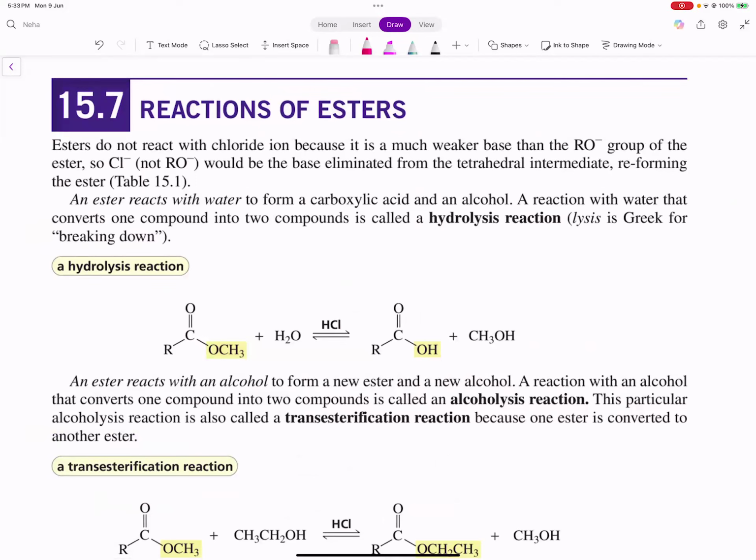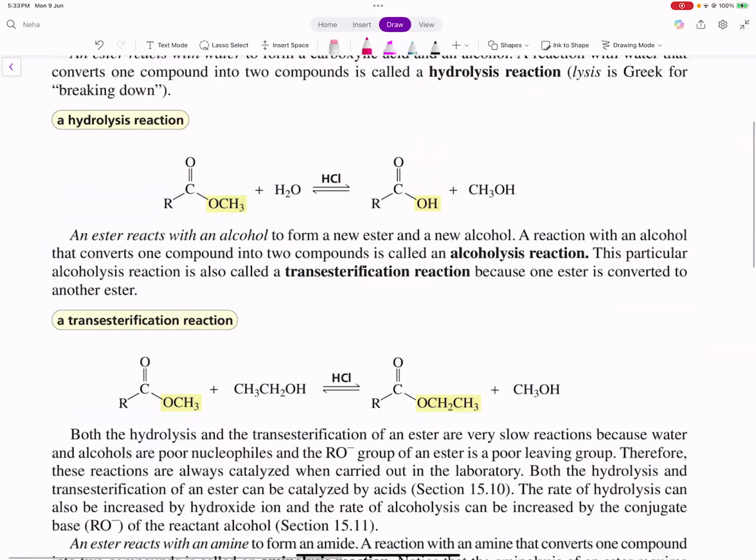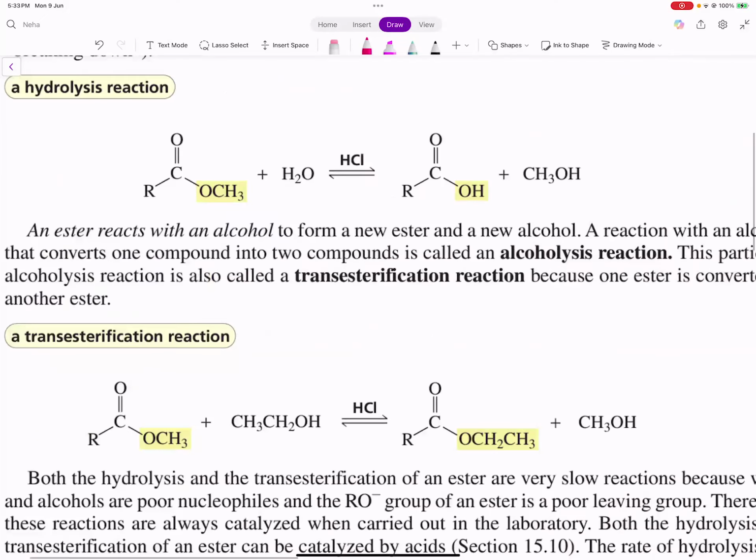Now, let us consider the reactions of esters. Let us consider this first reaction. It is called a hydrolysis reaction because the breaking is taken by water. Hydro means water, lysis means breaking. So you can see that this is getting broken, and there's nothing new here. The OCH3 group will be replaced by OH group, and it will be an equilibrium reaction.